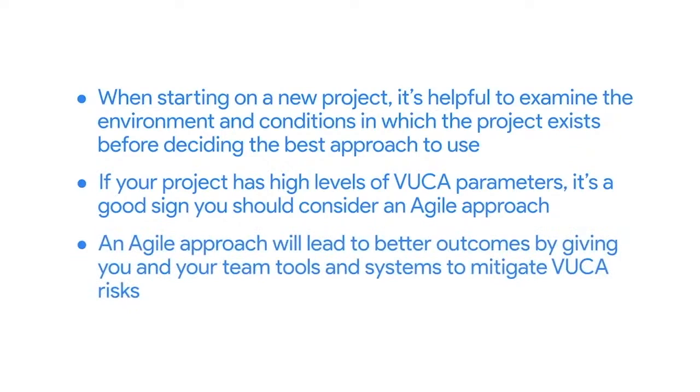While an Agile approach is not a perfect solution that will get rid of VUCA, it will lead to better outcomes by giving you and your team tools and systems to mitigate the risks that VUCA presents. When you consider Agile values and principles, it's clear that Agile is a proven and well-documented solution to the challenges VUCA presents to your project.